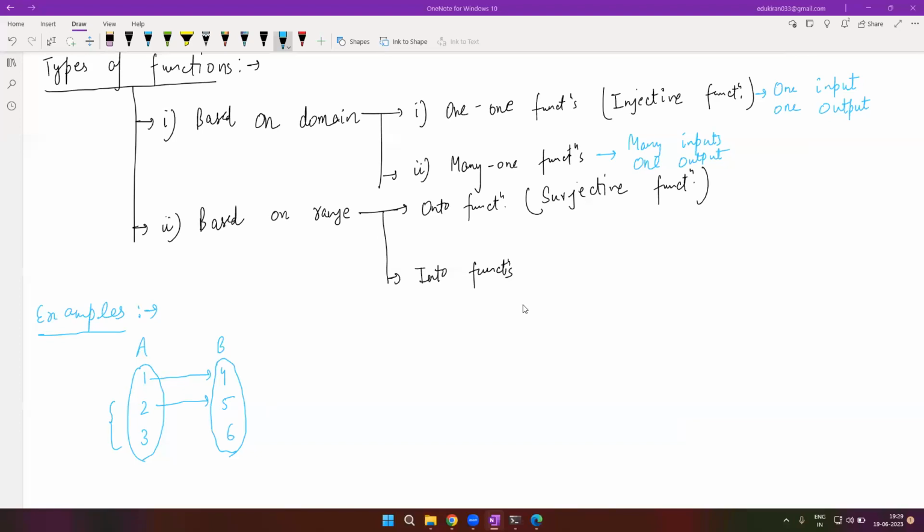Austin and Humamuddin both are wrong. Guys, this is not a function right now. How can we call this a function if there is a single input which does not have any output? No, Humamuddin, right now this is not a function because 3 has no output at all.